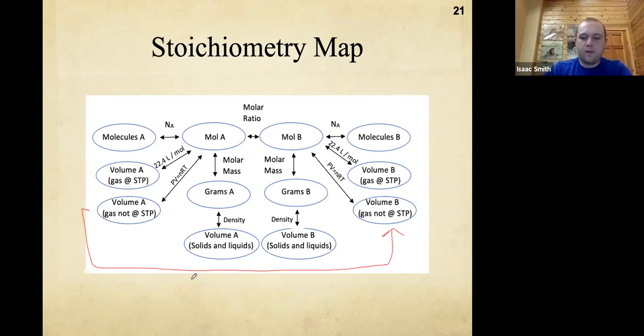And this is Avogadro's law, which says that the volume ratio is equal to the mole ratio, okay? So you can use mole ratios, like the molar ratio. Technically, it's the volume ratio. And that would convert. It's kind of a shortcut.